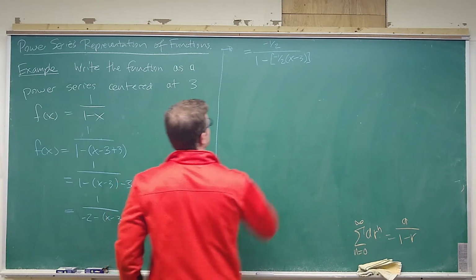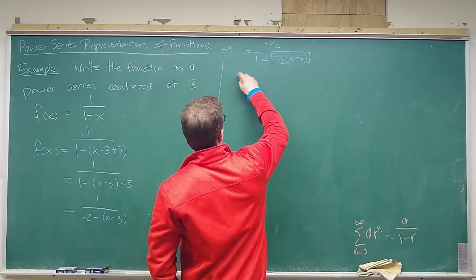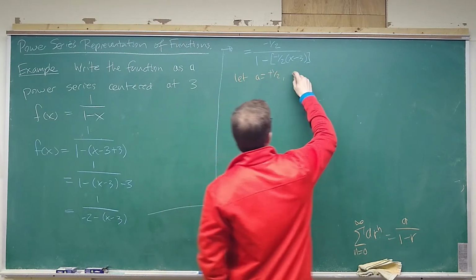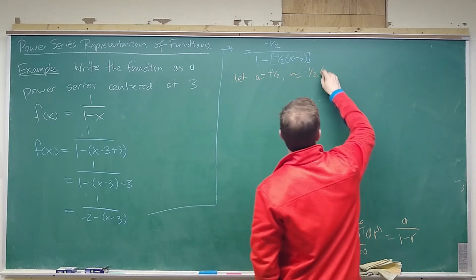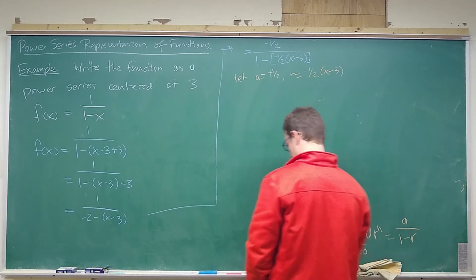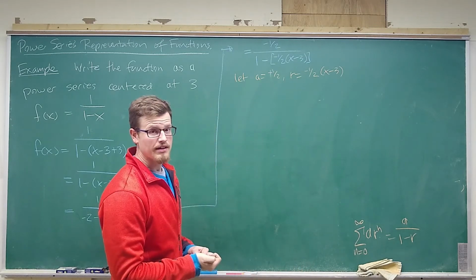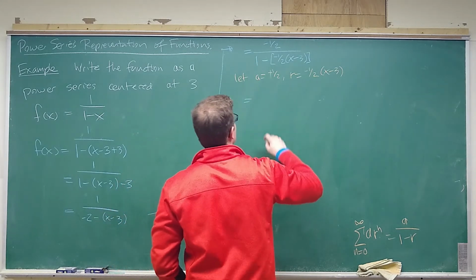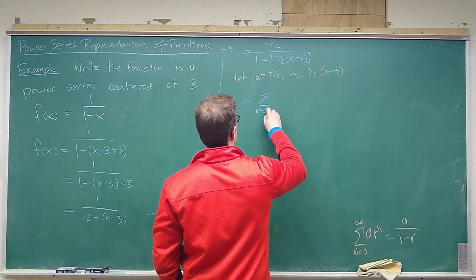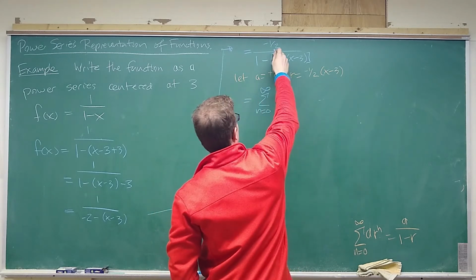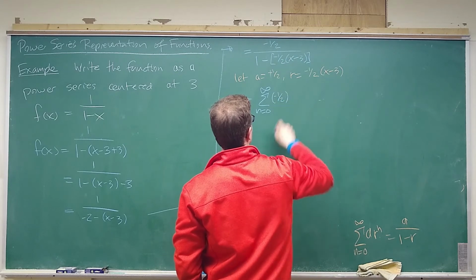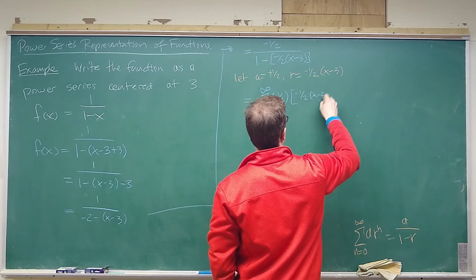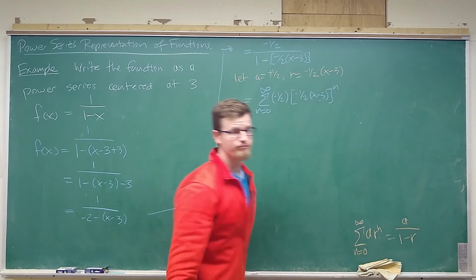So if we let a be equal to negative 1/2 and r be equal to negative 1/2 times x minus 3, then this can be represented as the sum of the geometric series of a times r to the n.